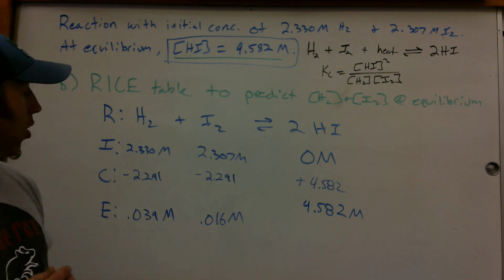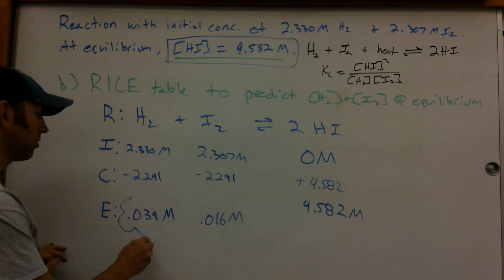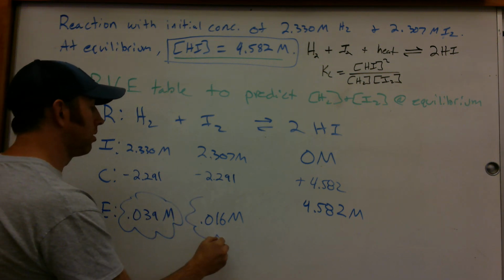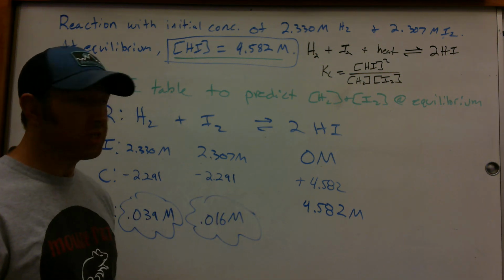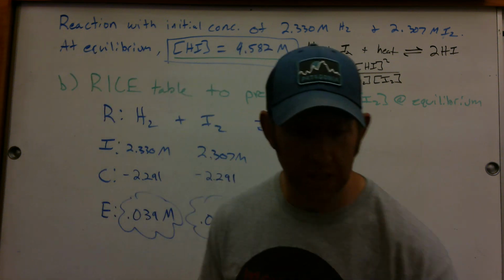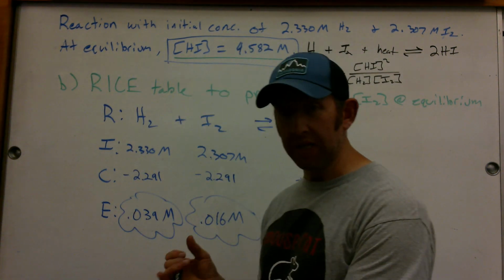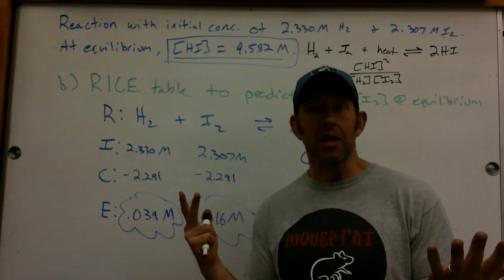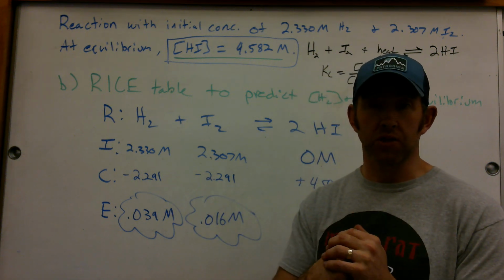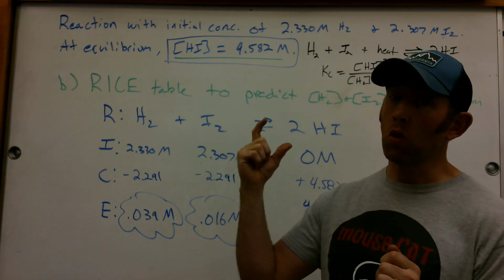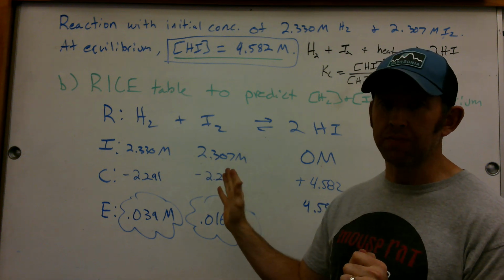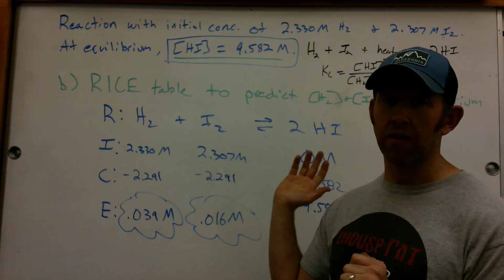Now, with that in mind, I should be able to do part C, which is to calculate my equilibrium constant. And again, this constant would only apply at the temperature and pressure that this reaction was carried out.